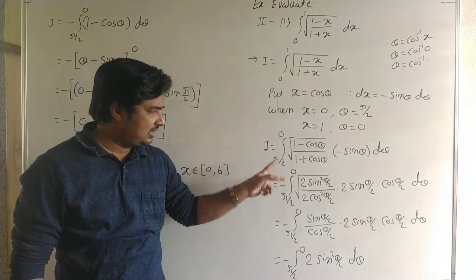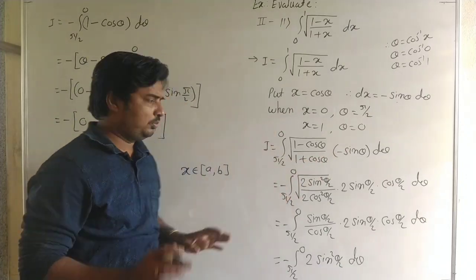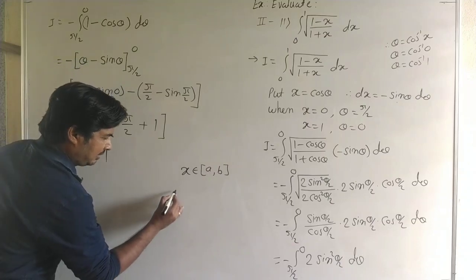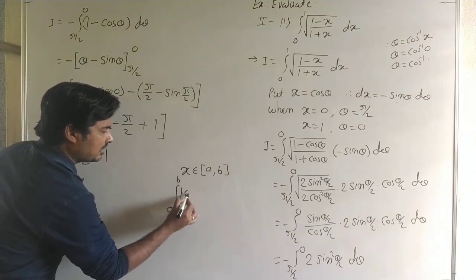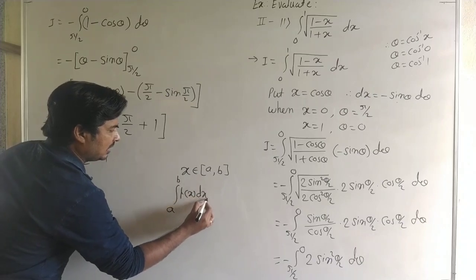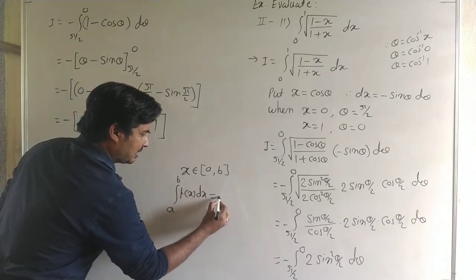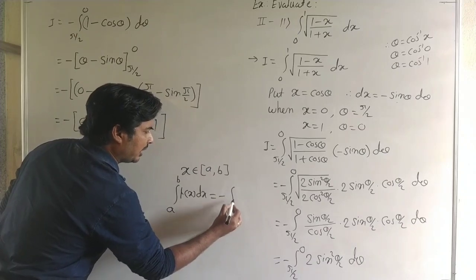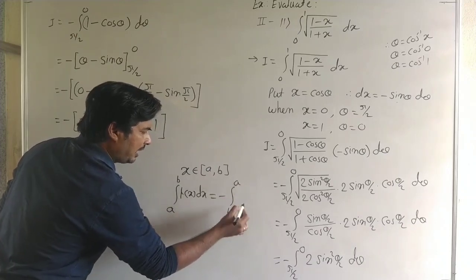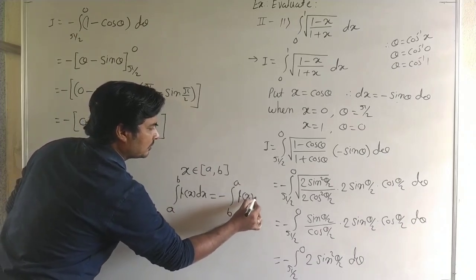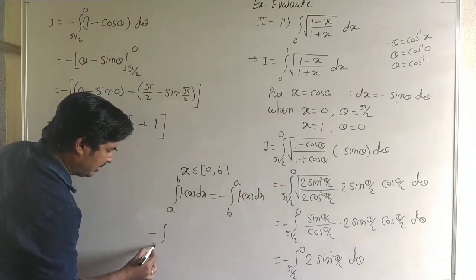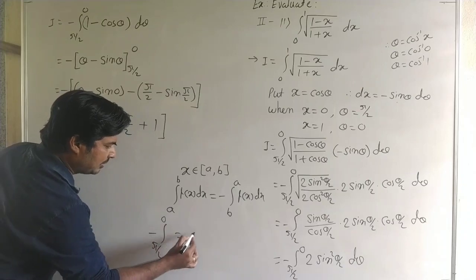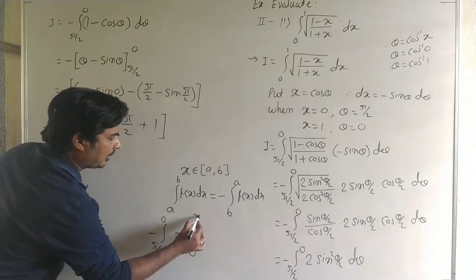Okay, in this example there is a property of the definite integral. If the integral a to b of f of x dx, then this can be written as minus integral b to a. When we interchange the upper limit and lower limit, the sign changes, it is a minus. That means when we write minus pi by 2 to 0, it means 0 to pi by 2.